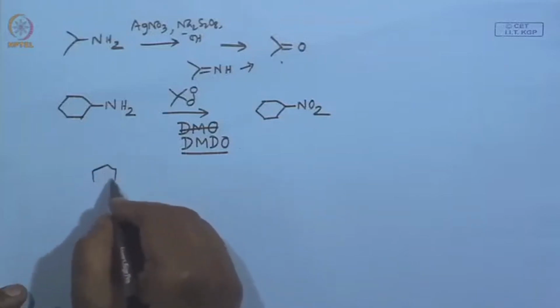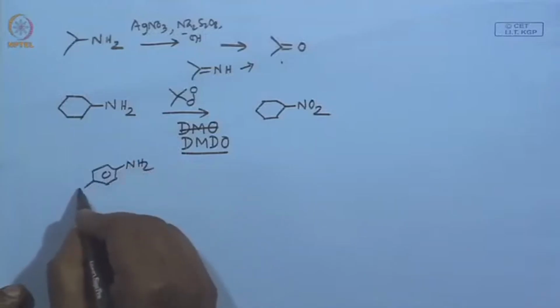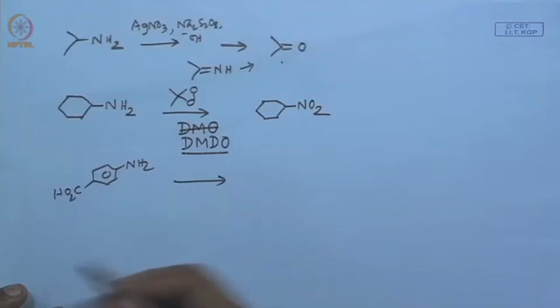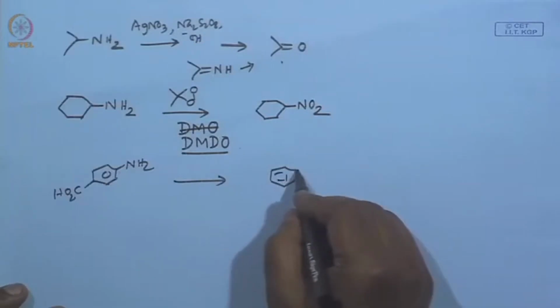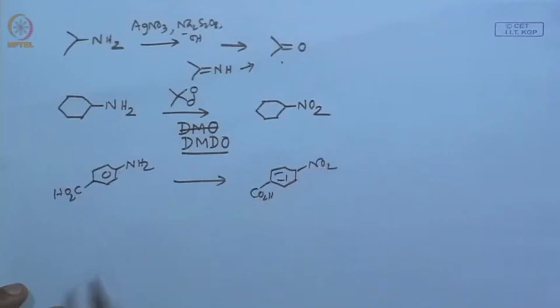Likewise, many of you have studied this before. Let us say anthranilic acid, and if you are asked to convert this into the corresponding NO2 and the carboxylic acid, often what you do is use metachloroperbenzoic acid, something like that, right. But in this case this is perfectly all right.